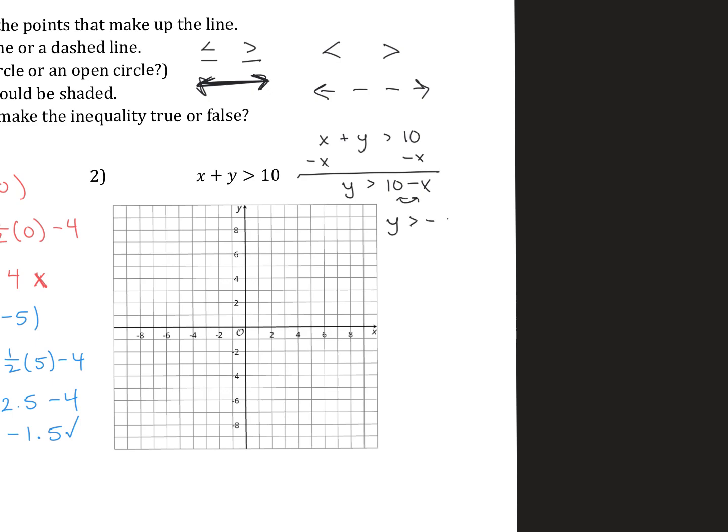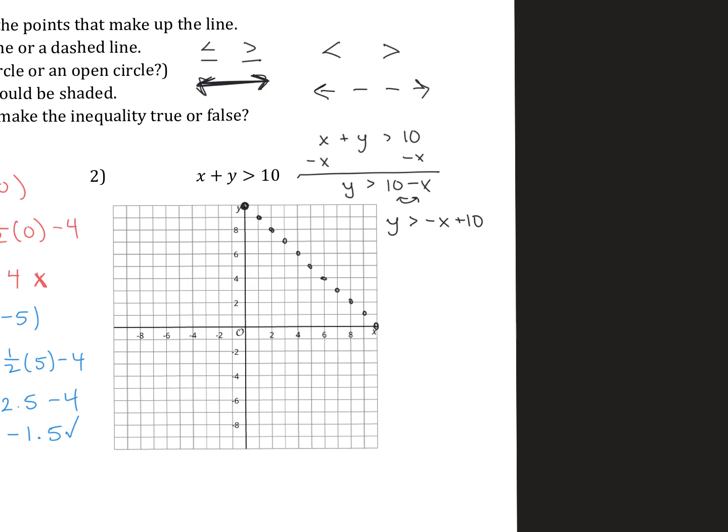So I get y is greater than negative x plus 10. So when I start graphing this one, my y-intercept is at positive 10. My slope is negative x, so I'm going down 1, right 1 until I run out of space.